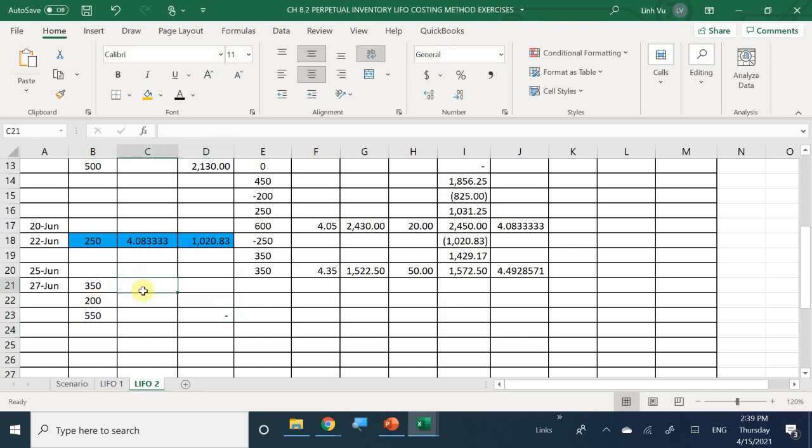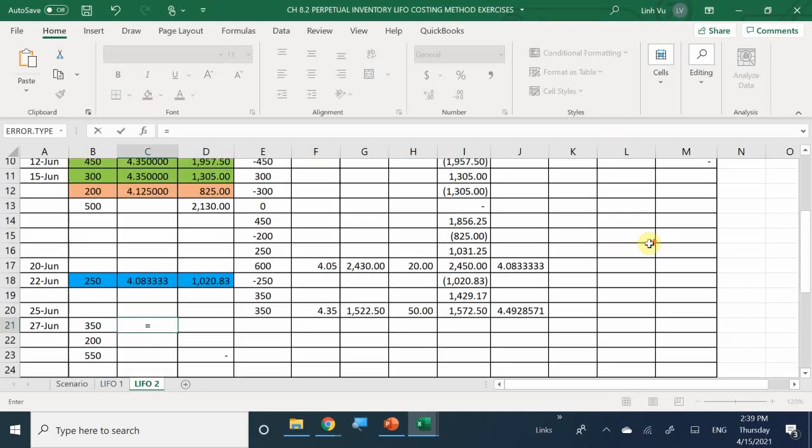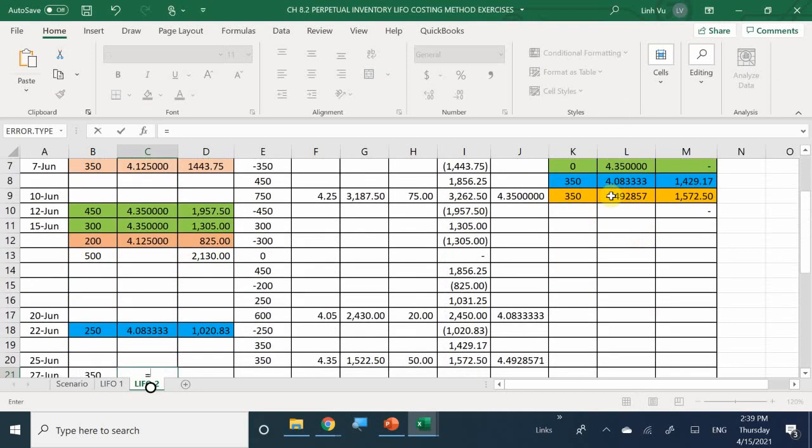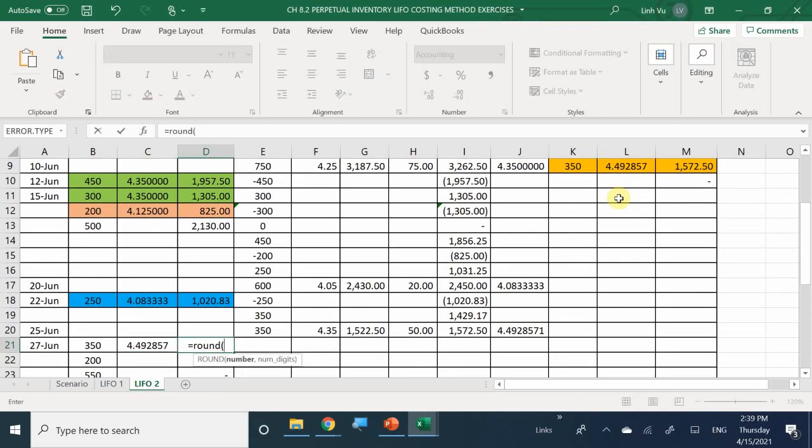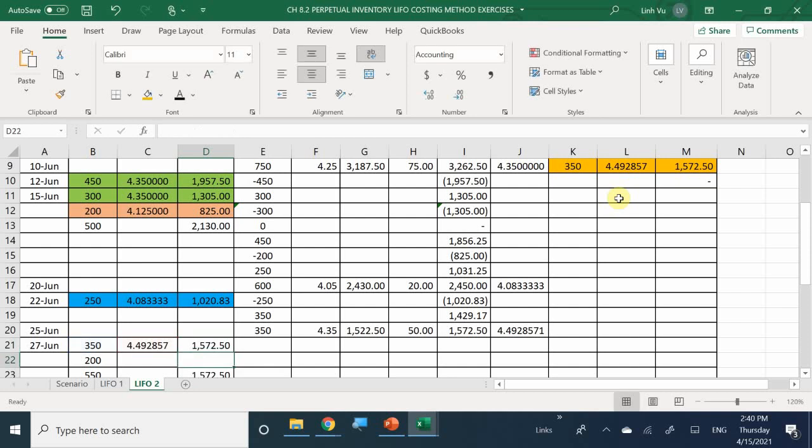With my gold, how much per item is my gold batch? 4.49286. We know for a fact we're going to get rid of the whole entire thing, so you don't really need to do a calculation here, but I'll be consistent. I'm going to multiply the 2 and round it out by 2 to get 1572.50.